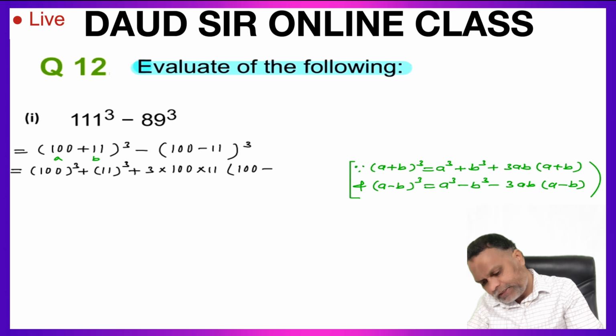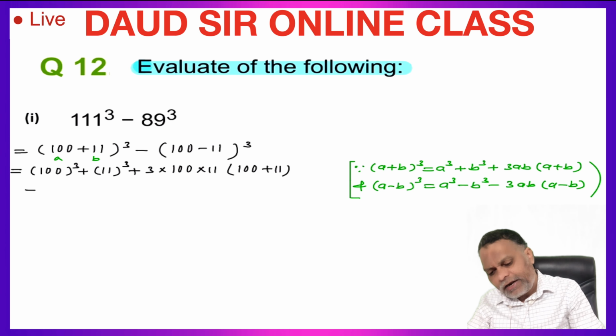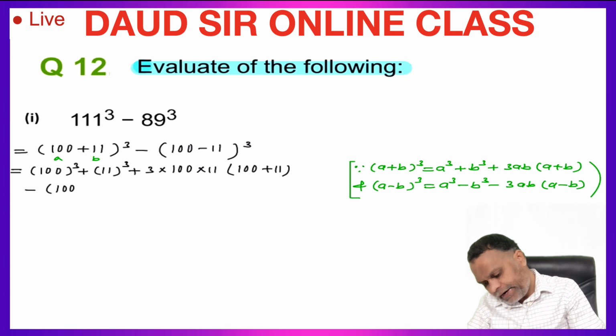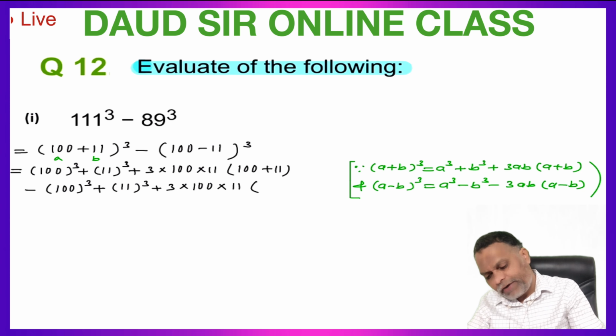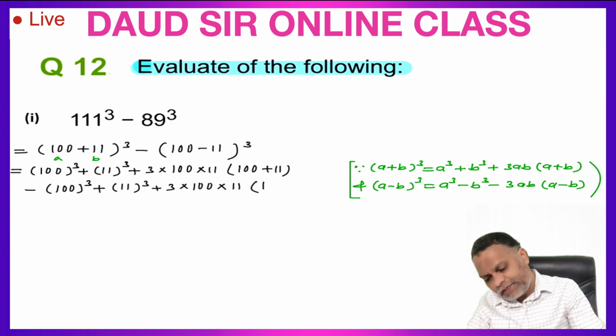So 100 plus 11, minus, here A cube minus B cube, multiply by the minus sign also. So 100 cube plus, minus will become minus 11 cube, and multiplying by this minus sign, minus minus plus 11 cube, minus 3AB, minus minus plus 3 into 100 into 11 into (100 minus 11).